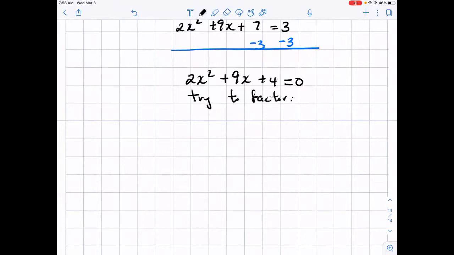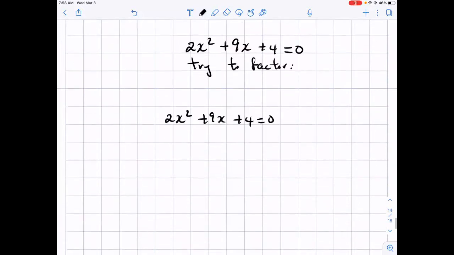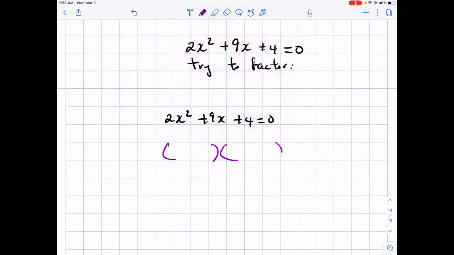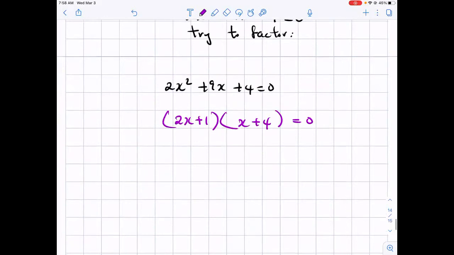This can be factored. We will have 2x plus 1 and x plus 4.